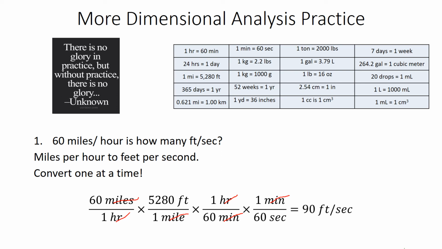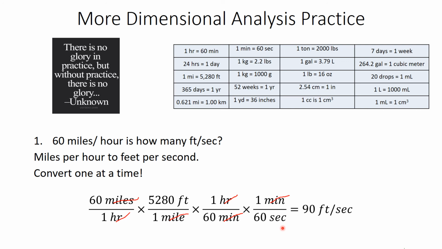And that, at the end of the day, if you multiply everything and cancel out all the units, we're left with 60 times 5,280 divided by 60 divided by 60, and we're going to get 90 as our number, and the only units that don't cancel out are feet over seconds, so our unit is going to be feet per second.